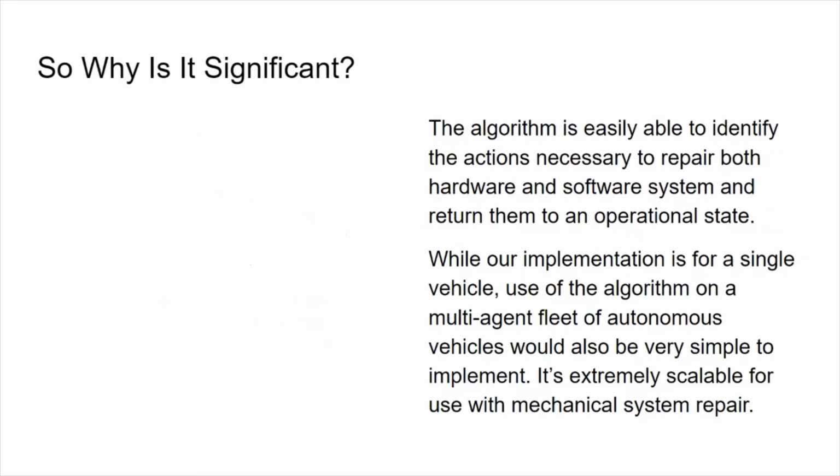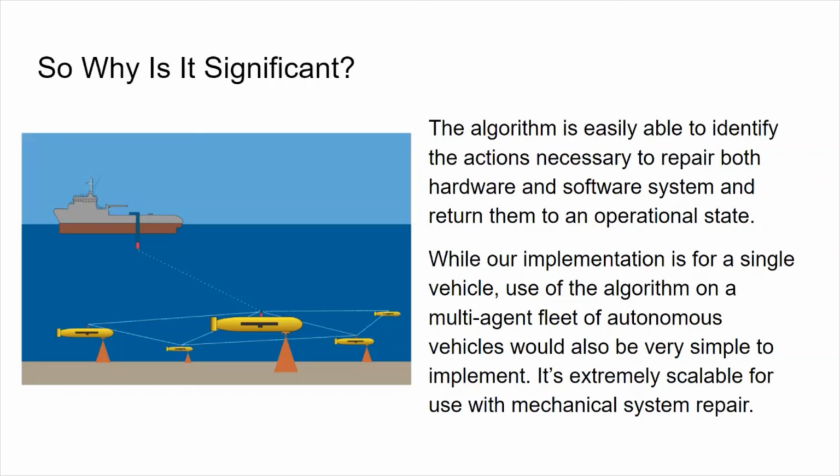And so why is this problem and our algorithm significant? We talked about having it on one robot, and while that is extremely useful, to be able to have one robot that can go around, perform a mission, and diagnose and repair any issues that arise during that mission, one of the great things about this algorithm is that it's extremely easy to scale it to even multiple systems.